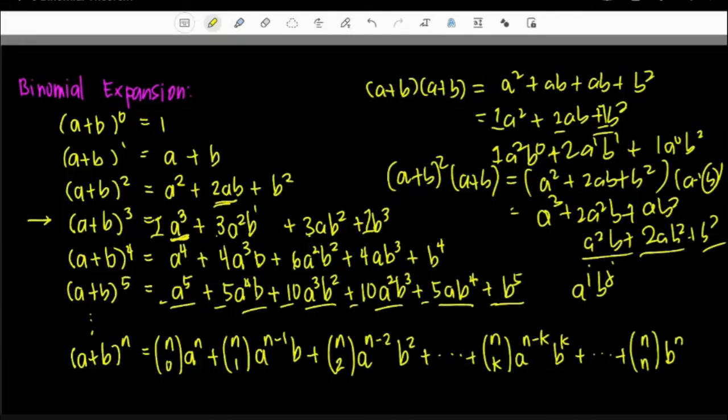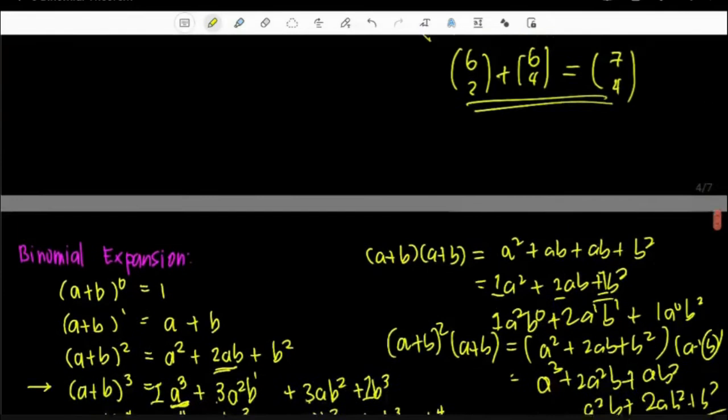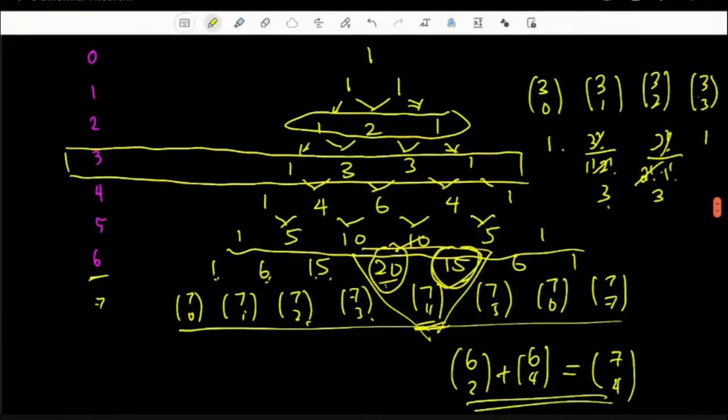Pascal triangle. Well, what's the problem with our Pascal triangle? The problem with our Pascal triangle is for us to create the nth row, kailangan natin yung previous row. So meaning, kung ang i-compute mo ay (a plus b) to the 10, for example, kailangan i-create mo muna yung Pascal triangle mo na ang size ay hanggang 10.